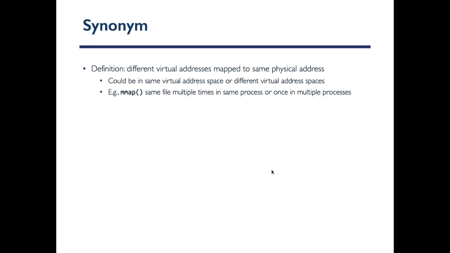That's easy to see when you have two different processes. Now, how can you have this in the same process? I have an example of having two different virtual addresses pointing to the same physical address; if I have time, I'll show it. It could happen when you use memory map, mmap, let's say you have a file.